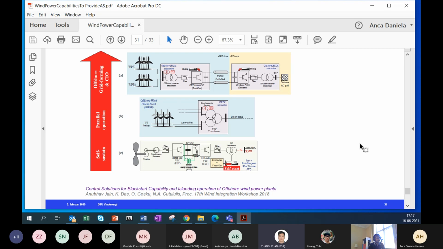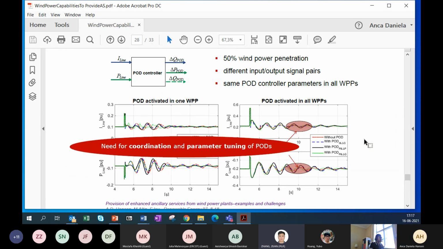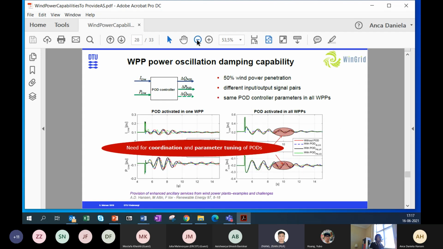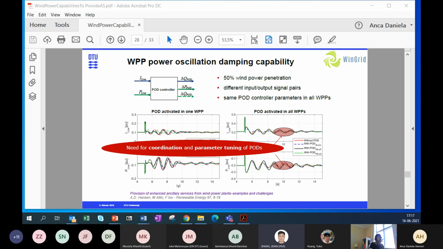Okay. Hello, Anca. My name is Yuan from the University of Warwick, and I'm very interested in power oscillation damping from the wind farm. As we know, the wind farm can use the POD signal from the onshore power grid to damp the oscillation in the power system.